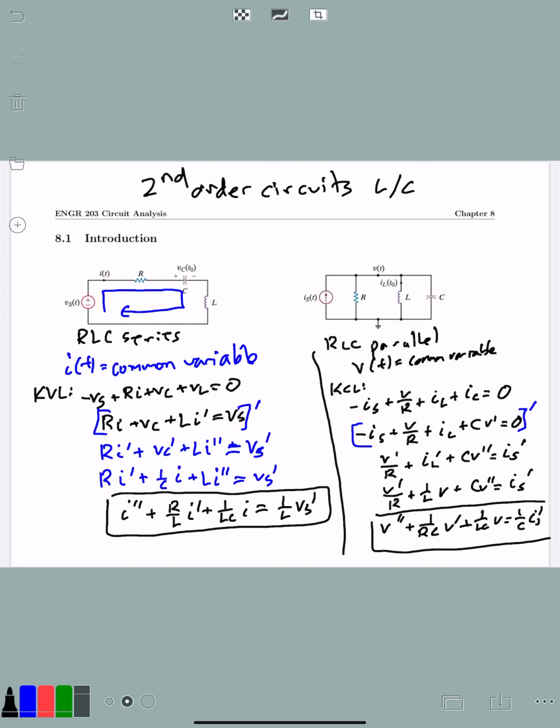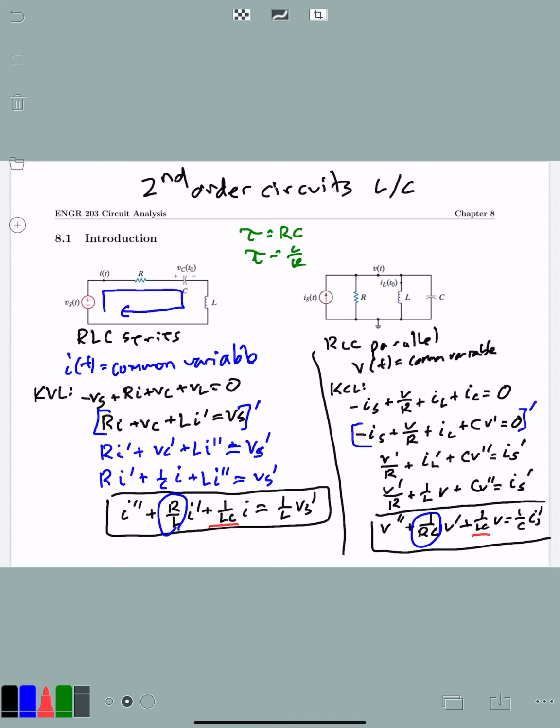Now I want to point out a couple of quick things here. First off is these middle coefficients here. Those are actually the reciprocal of the different time constants from chapter 7, right? One time constant was RC, the other was L over R, and these are exactly the two reciprocals. Kind of an interesting note there.